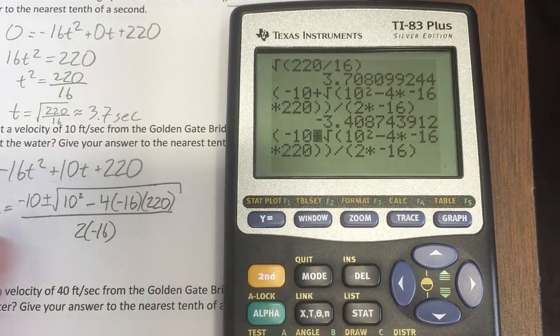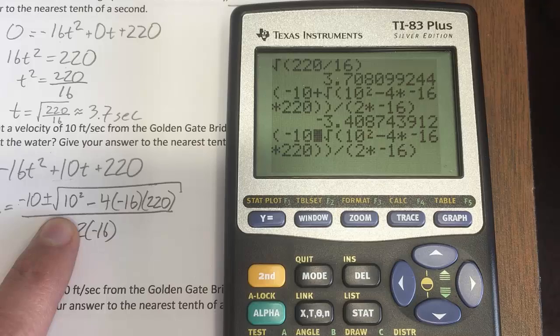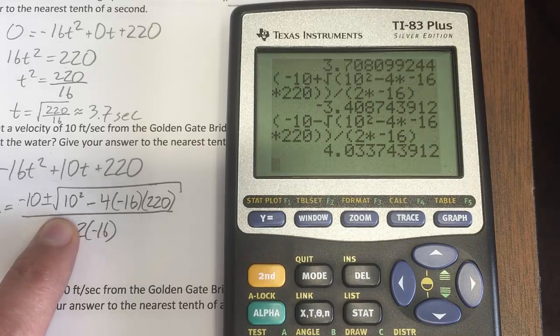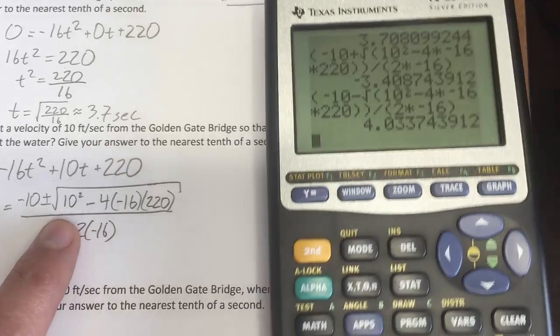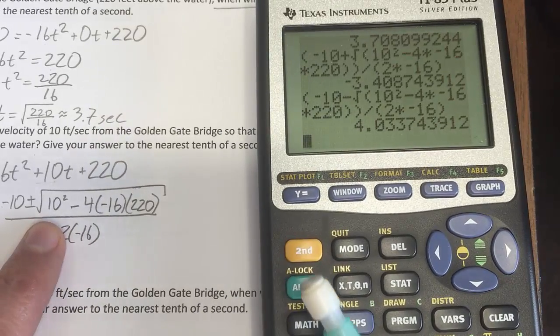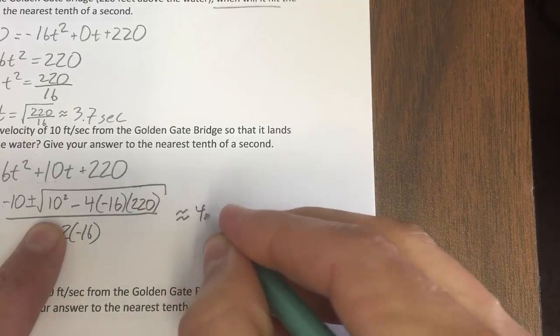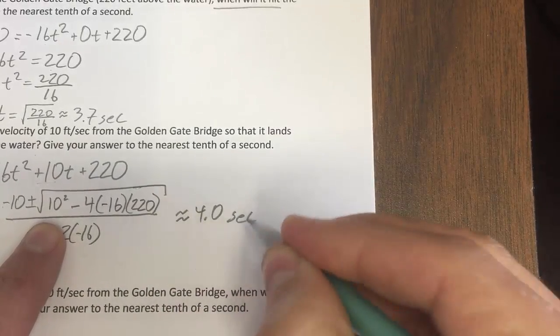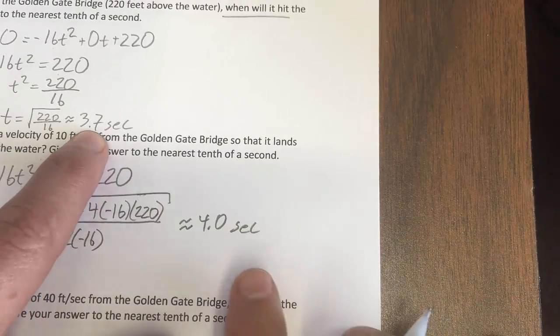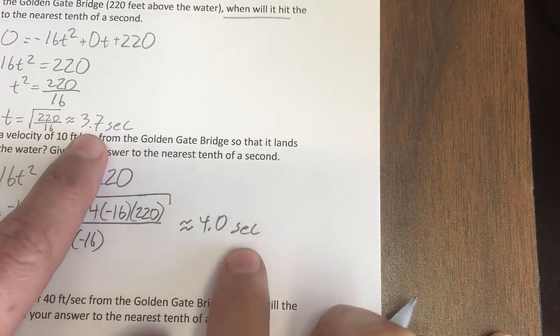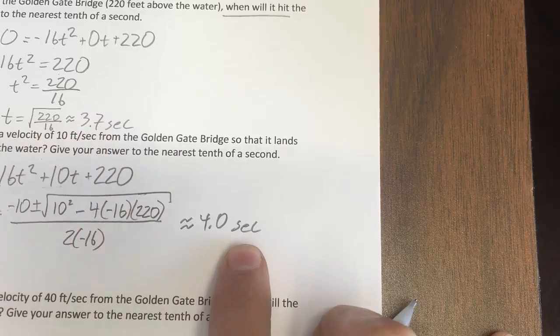And notice we had a plus or minus here, so I'm going to change this to a minus. That's the other solution. Now I get a positive solution. So one solution didn't make sense as far as the time. The other solution did. This is 4.0. So this happens at approximately 4.0 seconds. Well, that's sort of reasonable. Okay, throwing it up faster, throwing it up in the air, made it hit the ground later.